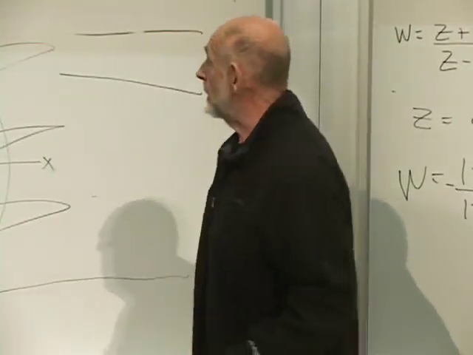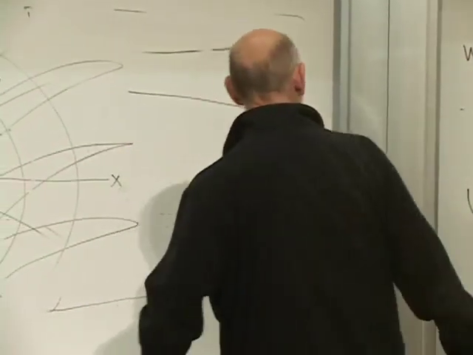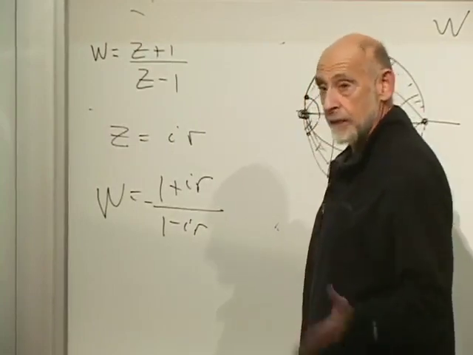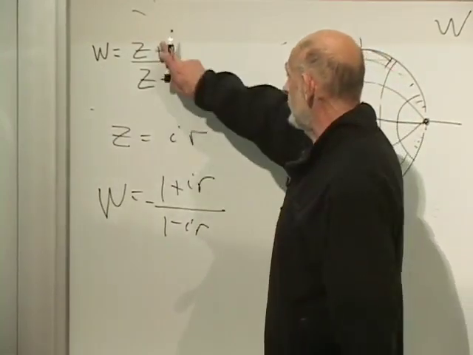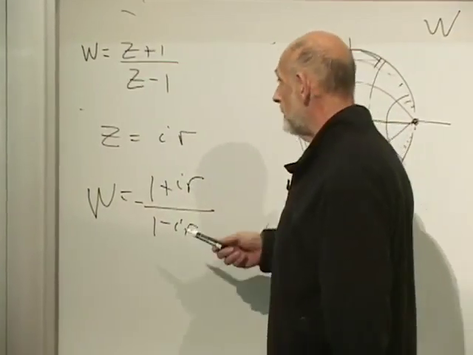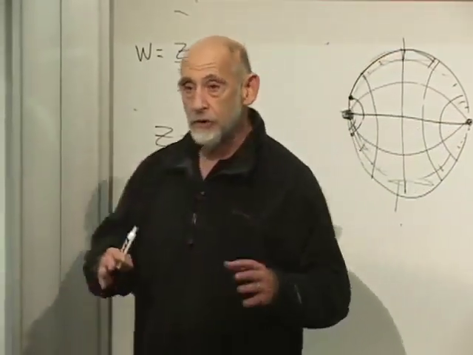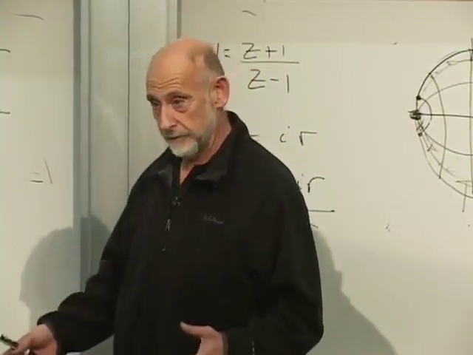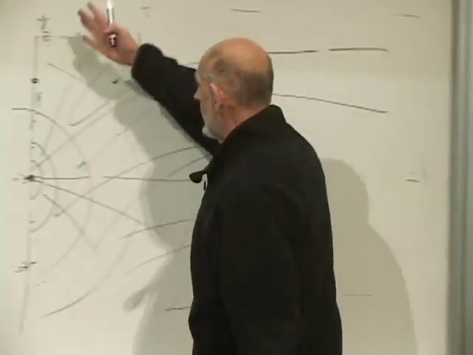It's an interesting fact. Under this kind of mapping, which is called a linear fractional mapping, a fraction made out of two linear functions, the collection of circles and lines transforms into the collection of circles and lines. So here's a line, it transforms to a circle.